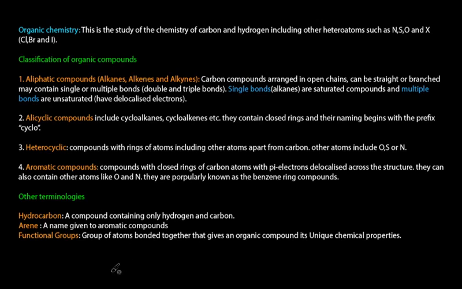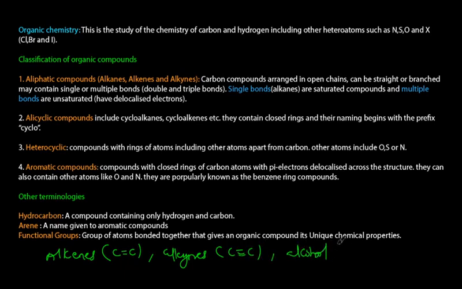So some functional groups include the alkenes, which involve a carbon-carbon double bond. Then we have the alkynes, which are carbon triple bond carbon. Then we have the alcohols, or the alkanols. I prefer you go with alkanol. That is more of the IUPAC name, so go with that to avoid your teacher marking you wrong for writing alcohol instead of alkanols.